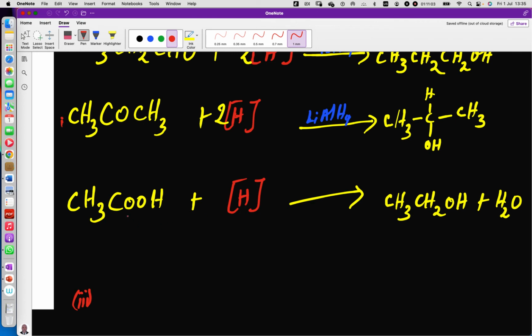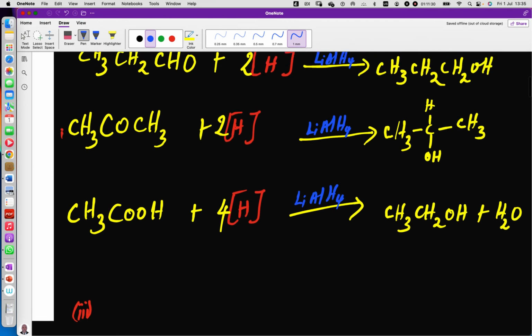We have added 2 hydrogens here, and then we need to add another 2 hydrogens to make a molecule of water. So hydrogens to be added here are altogether 4. There are 4 hydrogens being added, and using the same condition, it is lithium tetrahydroaluminate.